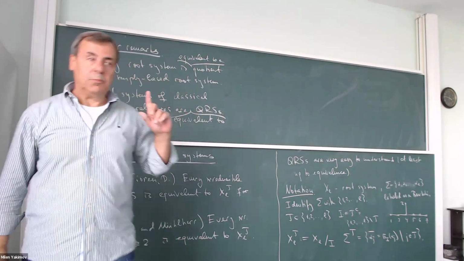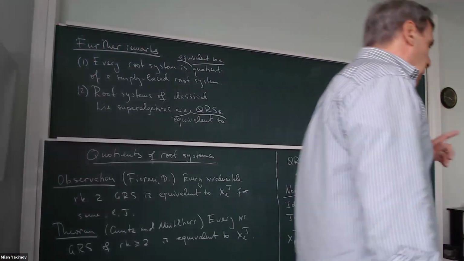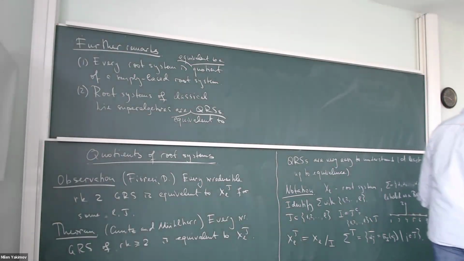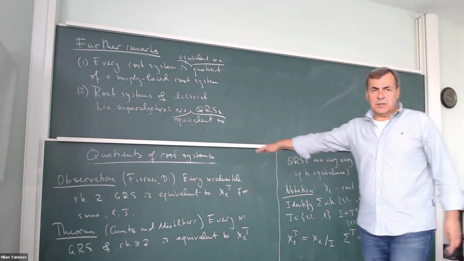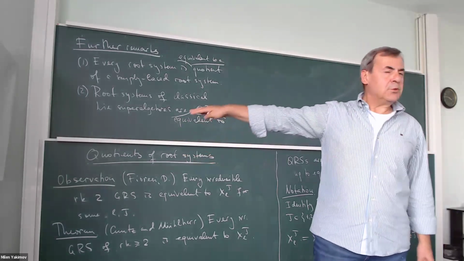Here equivalent really is important, because these root systems of the superalgebras come with a natural form which is not positive definite. And in the combinatorics that I consider here, the form is positive definite.